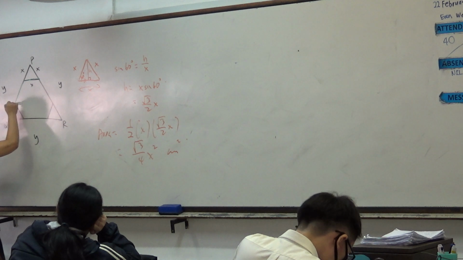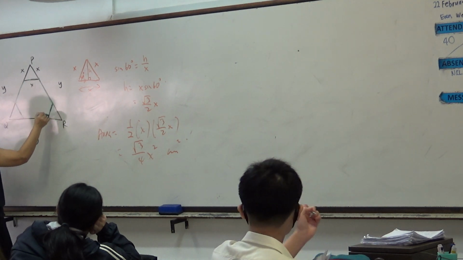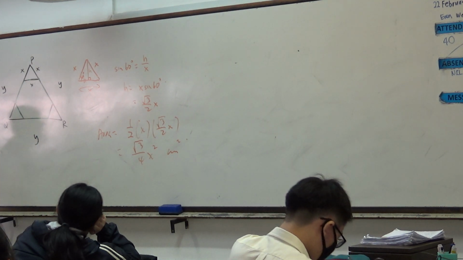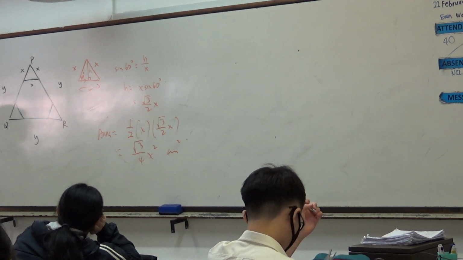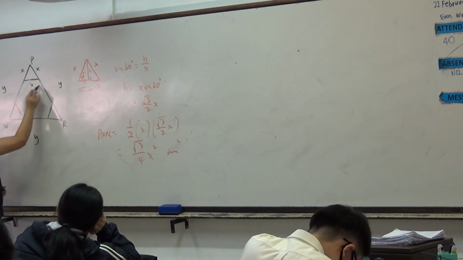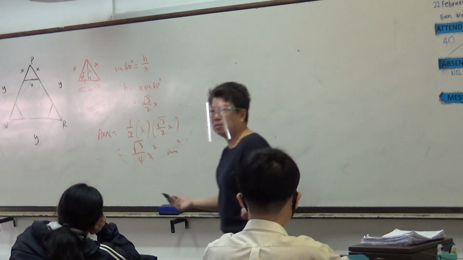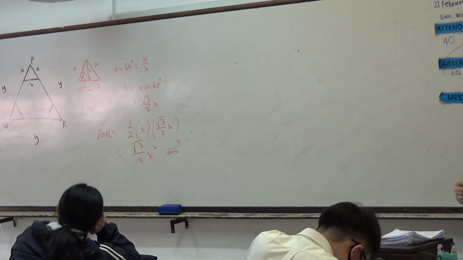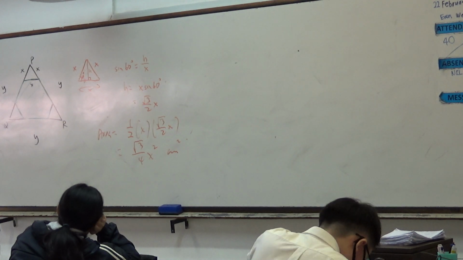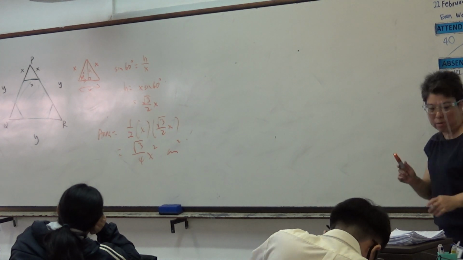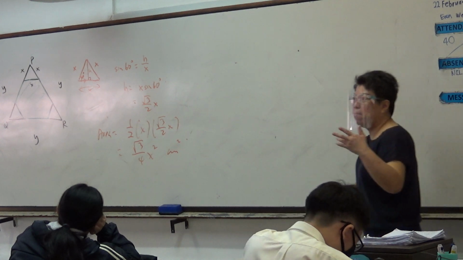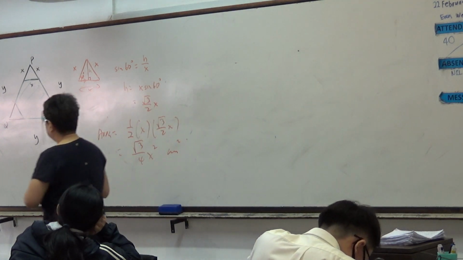That means the perimeter here, after the cut out, is how many cm? 18, right? The question tells you. You have to show what this area is. Agree, class? Now I want everybody to look at the board. This is the important part.